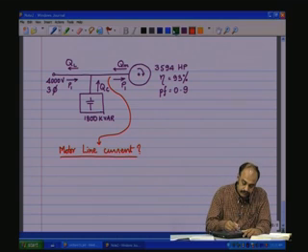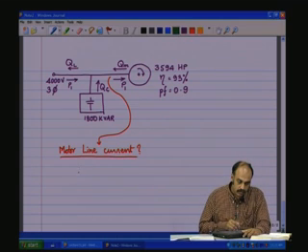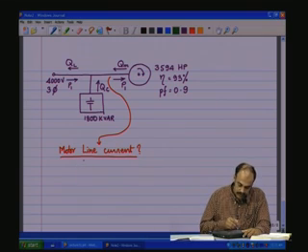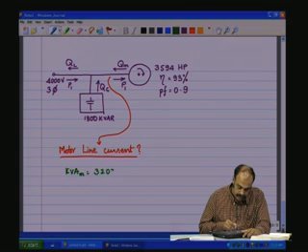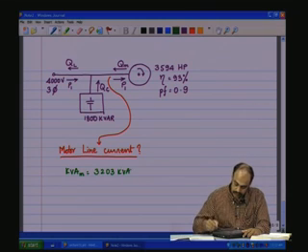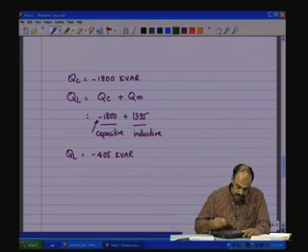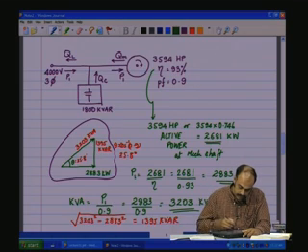What is that? So, we know that the kVA on the motor side was 3203 kVA. This we saw from the power triangle here.